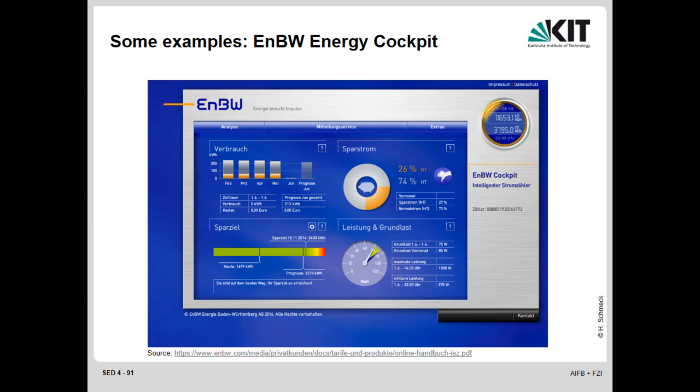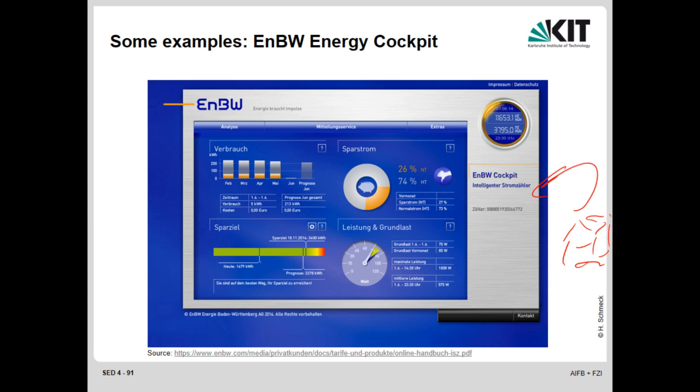And there you actually get information, or you can access their cockpit, certainly at EnBW. So you have your smart plug inside your house, and then all this information is sent to EnBW with 15-minute resolution. And this information then is stored there, and you get feedback on your consumption.